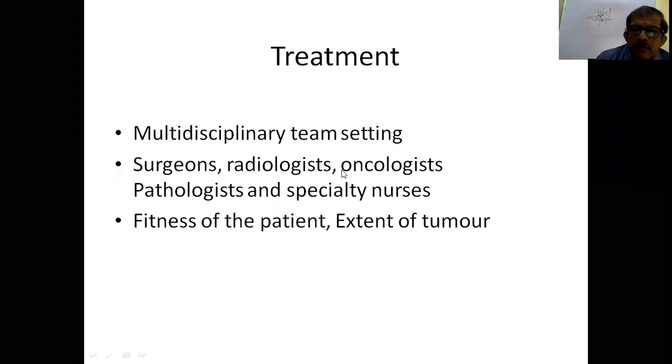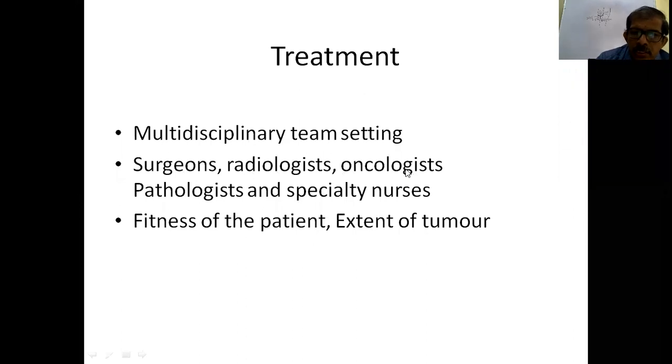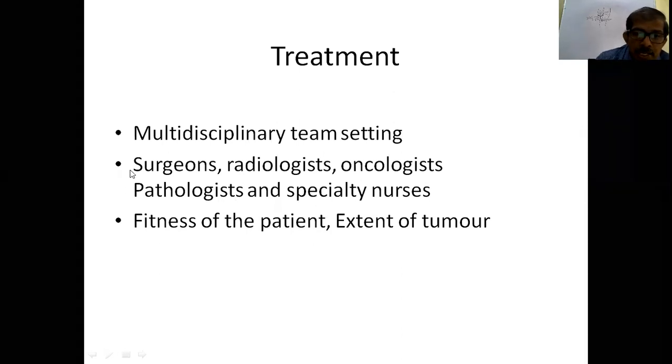Oncologists, they will explore the possibility of treating it conservatively before you do surgery. That is the so-called neoadjuvant treatment. Then pathologists should tell you what is the exact pathology. Is it spreading? What is its grading?